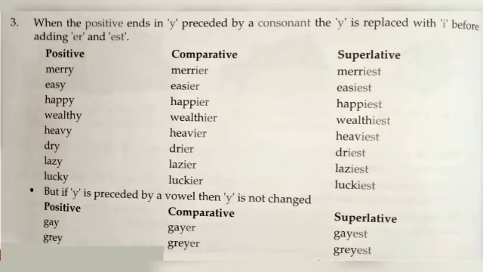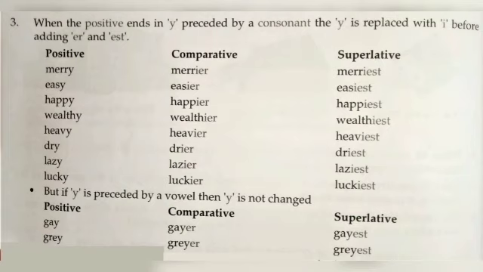But we have another rule in this. It says if Y is preceded by a vowel, then Y is not changed. As you can see down here, it is given the word gay. You can see the word gay is ending with Y, and before that we have the vowel A, not a consonant.